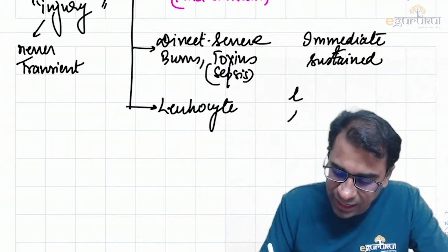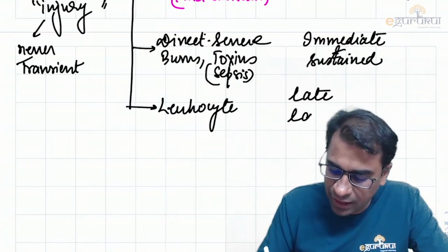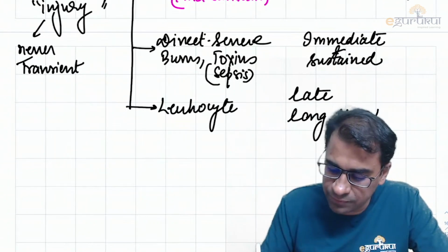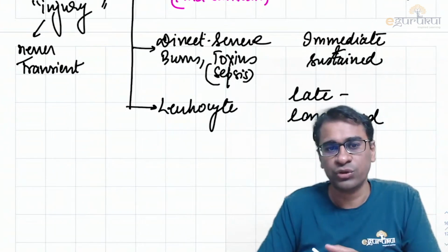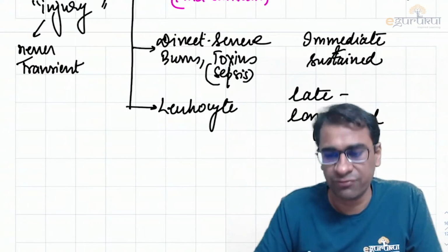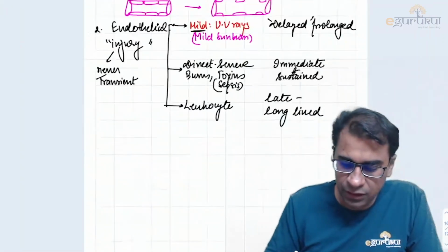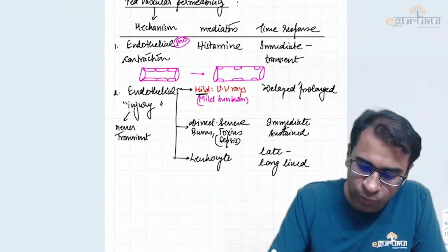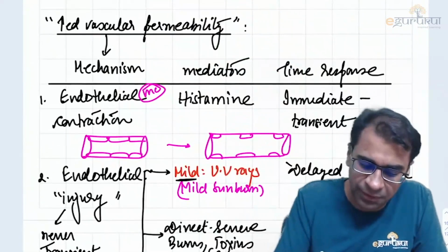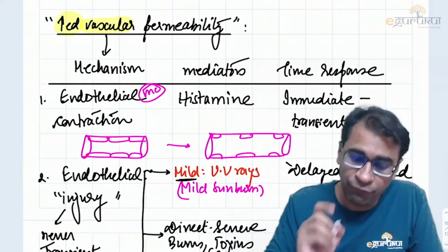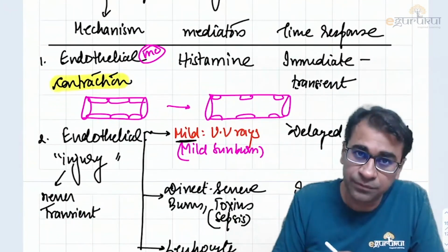And we must remember L of leukocyte for it: late and long lived. It's late and it's long lived. So basically, when we talk about increased permeability, first is contraction.